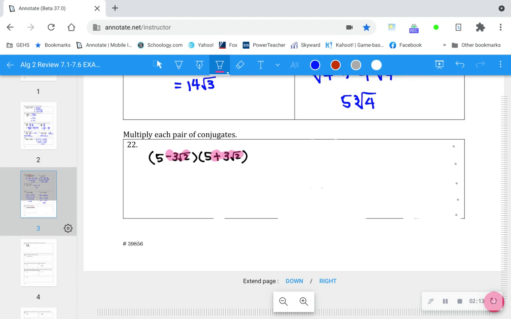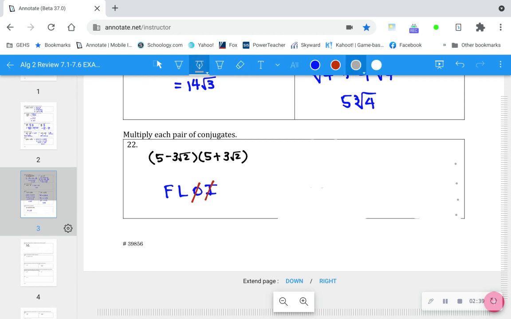So positive and negative 3 root 2 are the features that make these conjugates. The other part, the 5 in front of the binomial, has to match. So one part matches and the other part is opposites. These are called conjugates. And when there's conjugates, you can take the shortcut I taught you. The outside and the inside will actually cancel off, so you actually don't have to do them.